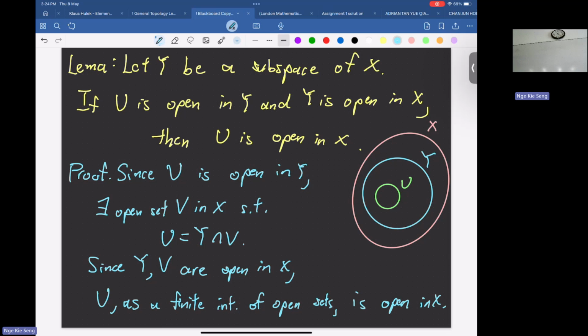What did we show last time? What's the other direction again? We start with a basis, then we can define a topology.